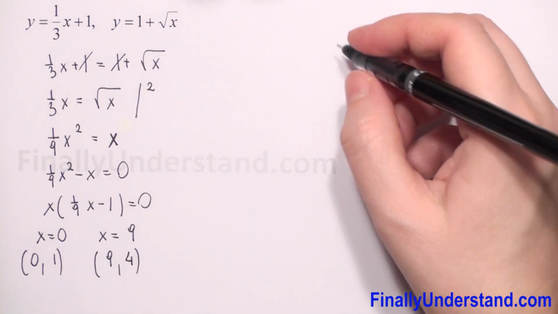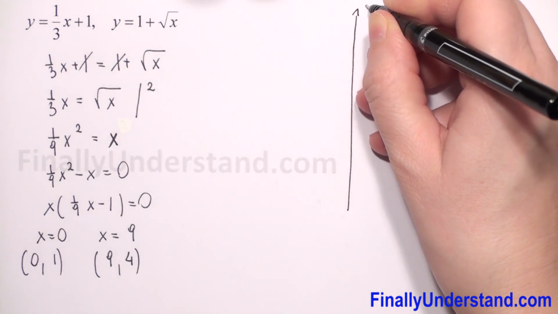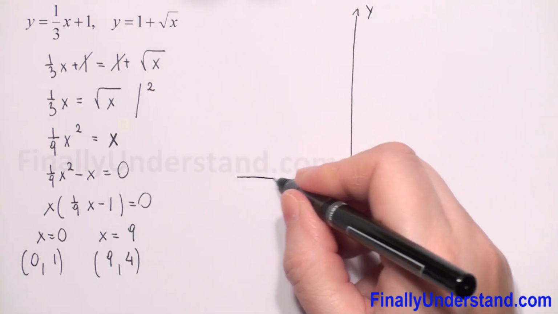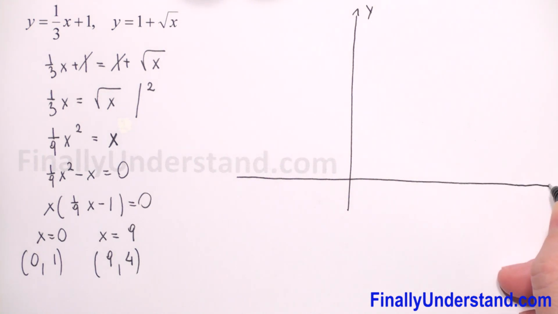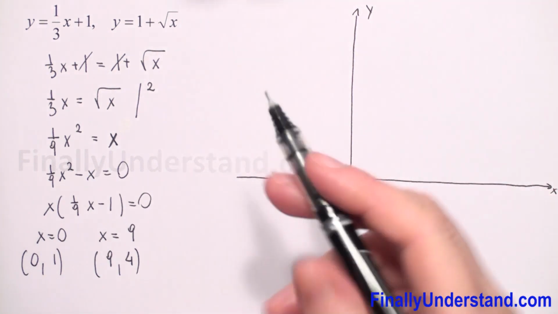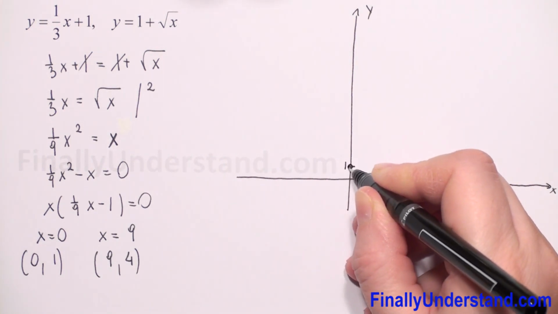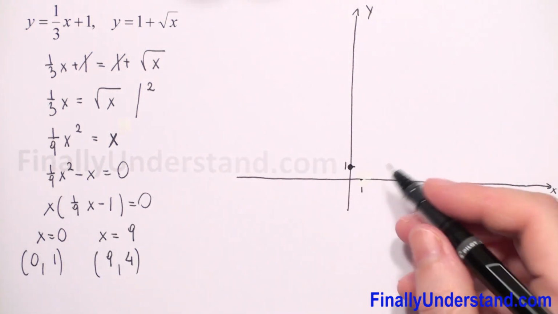Now we will draw the xy plane. We have 0, 1 and 9, 4, so we have to choose a very small unit. The first point is 0, 1. For 0 we have the value 1. This is our first point, and 9, 4 is the second.